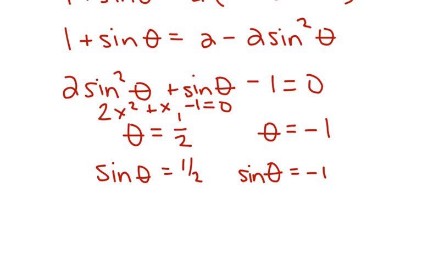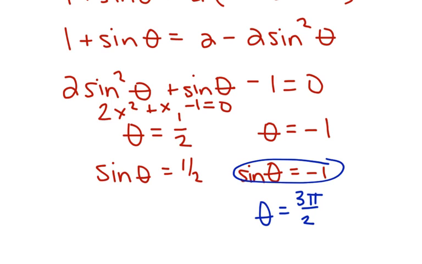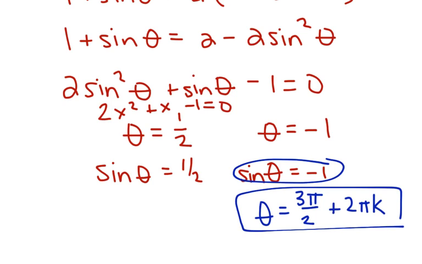Let me start with the easy one, which is sine theta equals negative 1. On the unit circle, there is only one location where sine is negative 1, and that is at 270 degrees, which is 3 pi over 2. But because we want to find all the solutions, remember that we tack on that 2 pi k at the end.